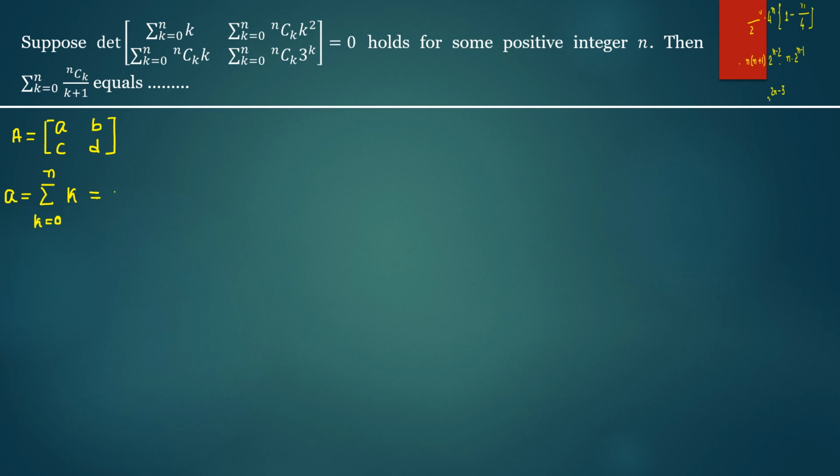If we write it down, it is k equal to 0 plus k equal to 1, then k equal to 2, plus so on. We can go ahead and add up to n.